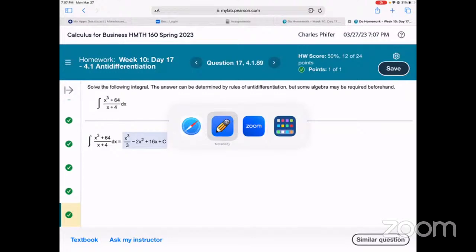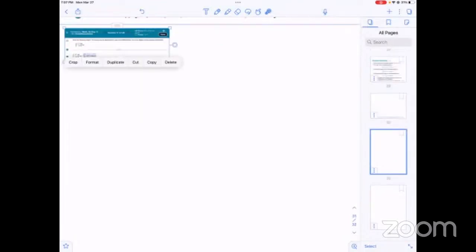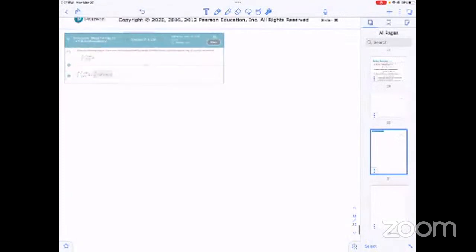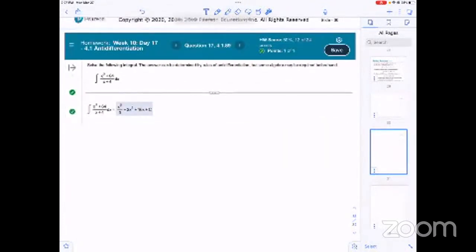You can paste it right here. I want to cut. Paste. Okay. All right.